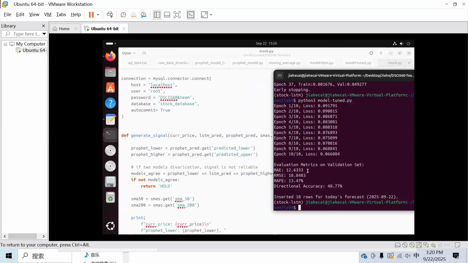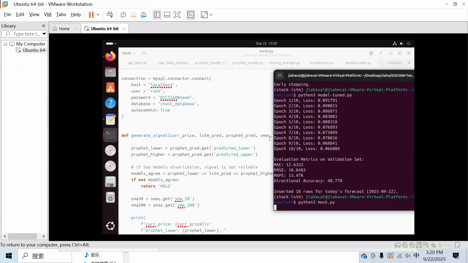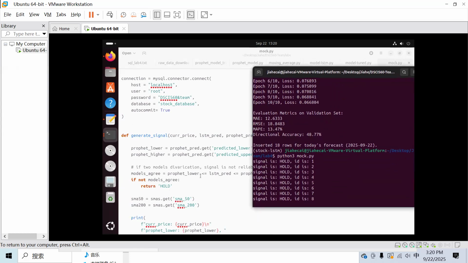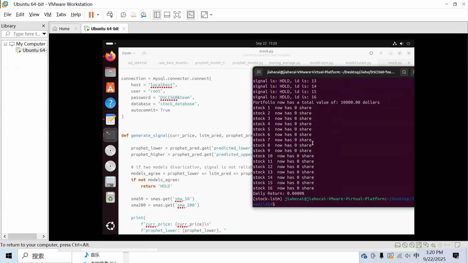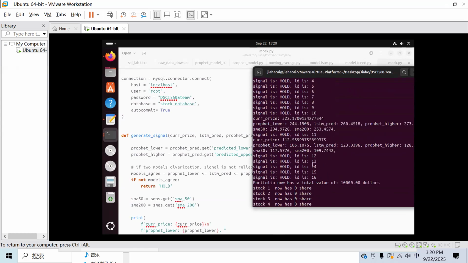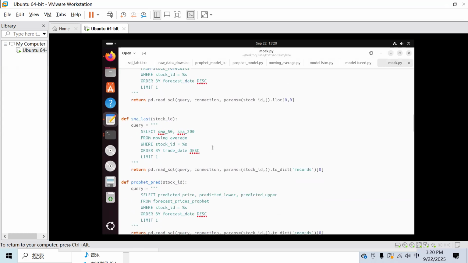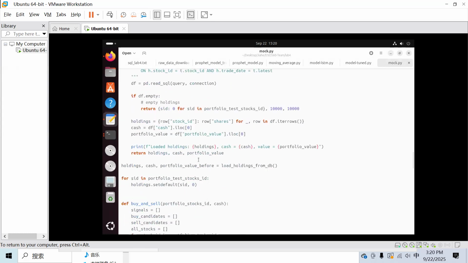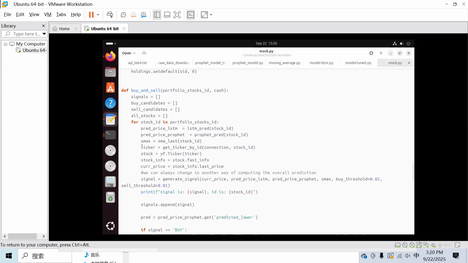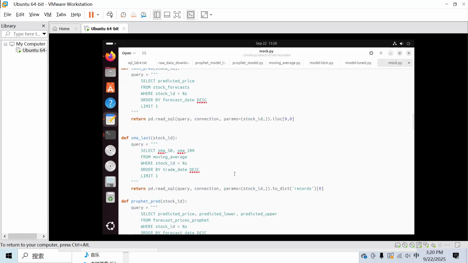So now we have all the predicting algorithms. So we're going to have a mock environment to test the performance of our algorithm. In this environment, we have 16 stocks, and we're going to fetch the real-time data as our input into the LSTM and the Prophet models to get our predicted price.